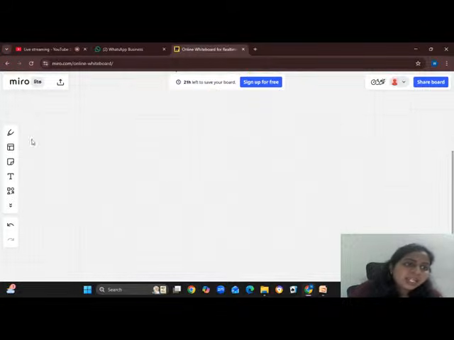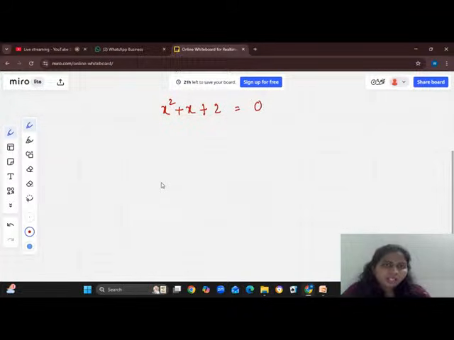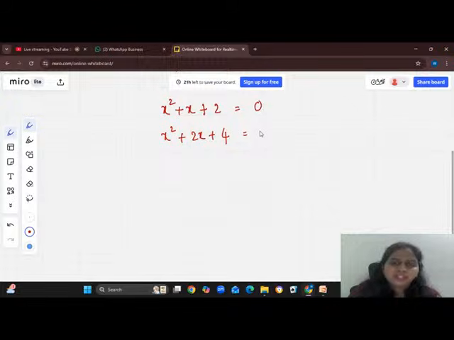So what is the main formula that you have to remember? Let me write x square plus x plus 2 is equal to 0. This is a quadratic polynomial. Let me take another polynomial, x square plus 2x plus 4 is equal to 0. All these are polynomials.